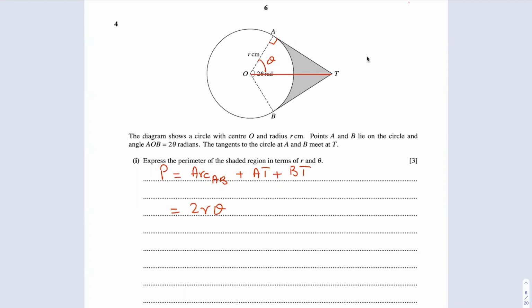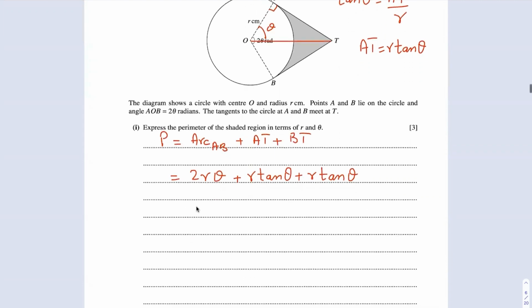So the length AT could be written as tan theta is equal to opposite, which is AT, upon r. So AT is equal to r tan theta. As AT and BT are equal, so r tan theta plus r tan theta, this will become 2r theta plus 2r tan theta.